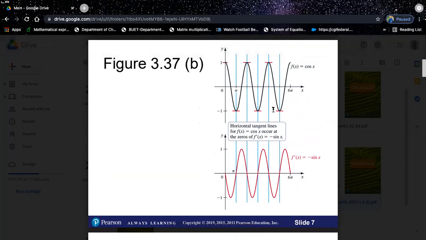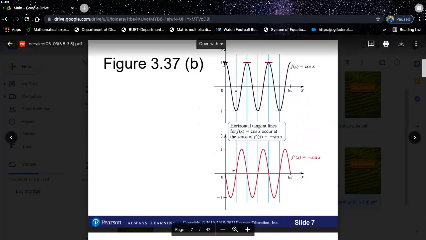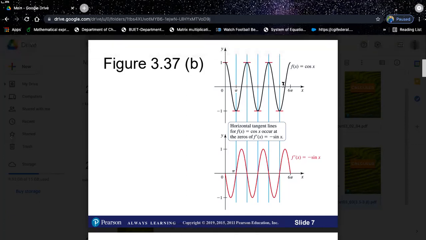And if we see, these points are actually x equals 0, x equals pi, x equals 2 pi, and so on and so forth. And if we start imagining what's going on, we'll see if we draw a graph for the negative sin x.